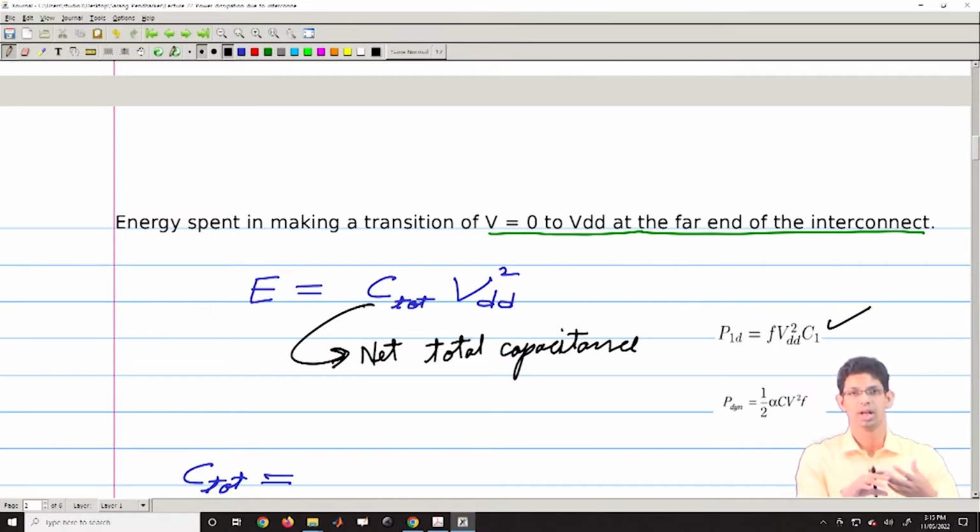And once you have stored that power in your capacitor, when you turn off the device, that stored power is not going back to your source. So, that is also dissipated.